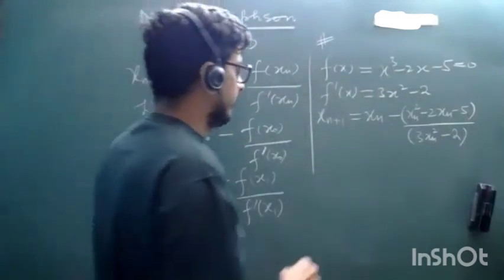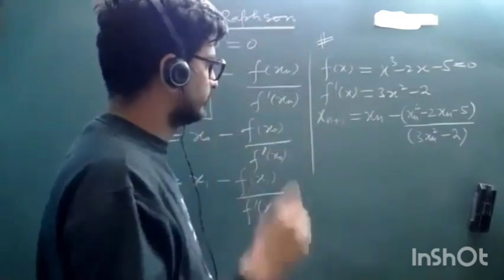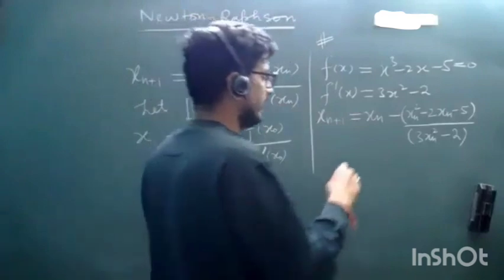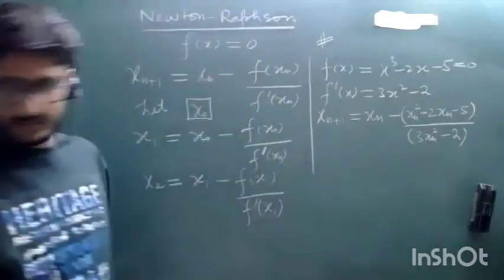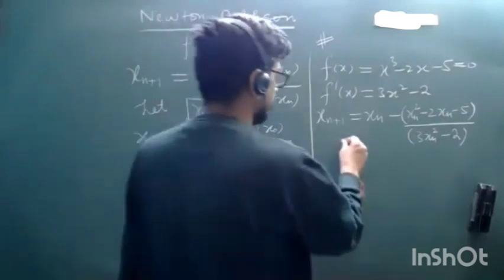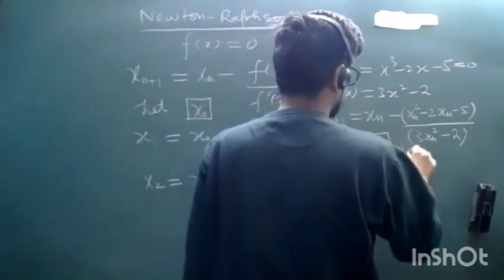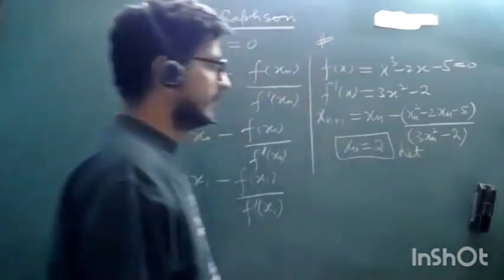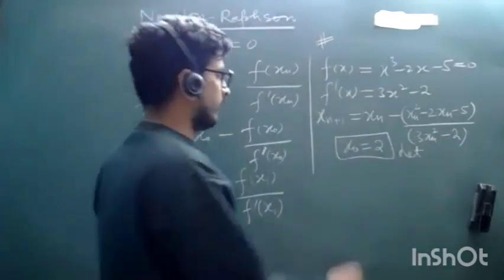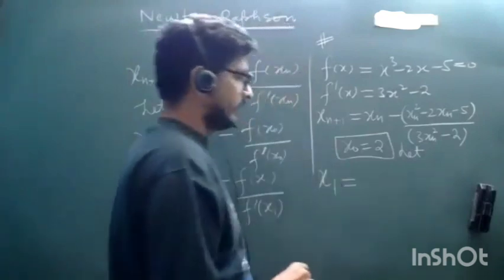Now I want to write the first value. Starting from any x0, suppose I take a particular x0 in this case. Suppose the value of x0 is 2. So what will be the value of x1, the first iteration?